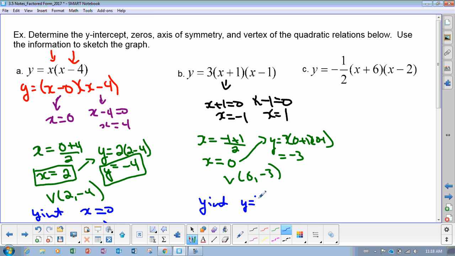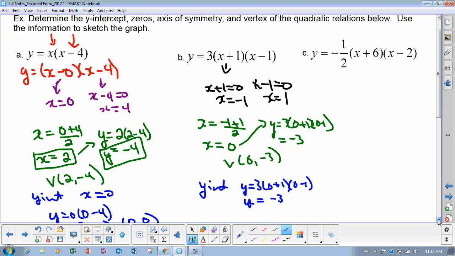So y equals 3, 0 plus 1, 0 minus 1. So our y-intercept ends up being the same as the vertex. So I have negative 3. That's our y-intercept. Now that I have those things, I can graph it.